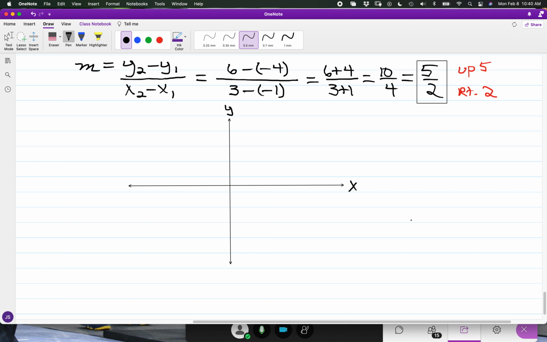Okay, so with our points, you have -1, -4, so just labeling a point. Okay, so you have (-1, -4), and the other one we have at (3, 6).